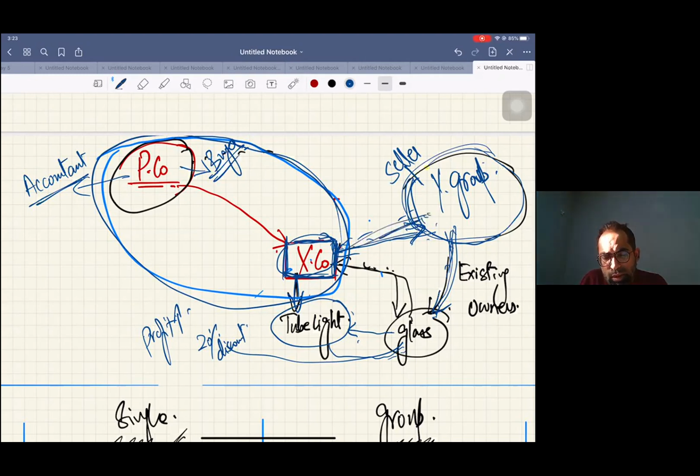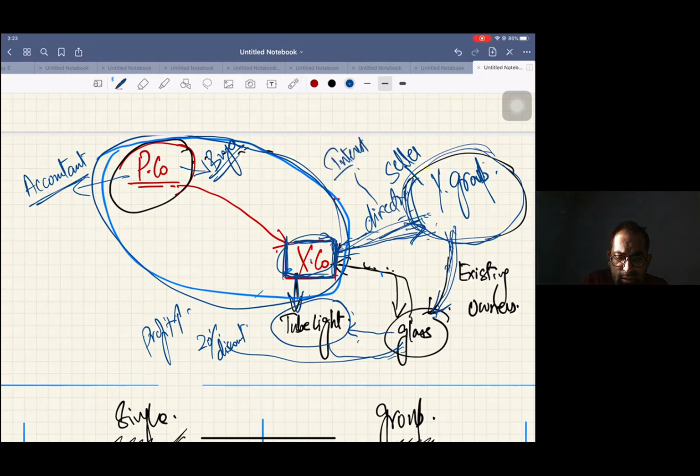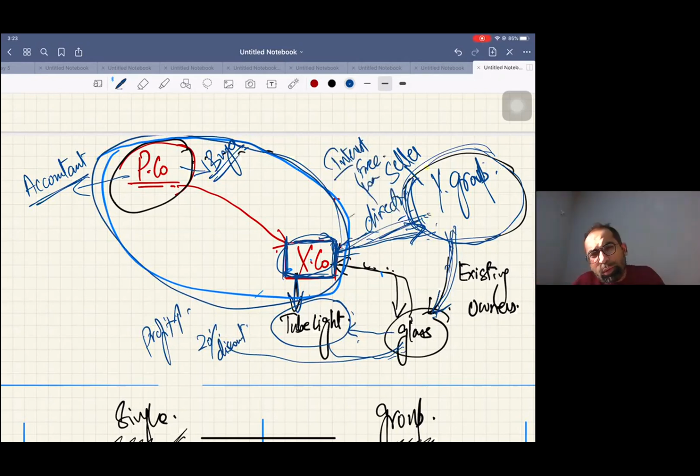These directors have given an interest free loan to X company because they are owners. An owner may support his own business. That's very natural.